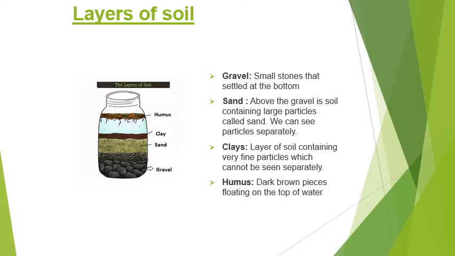That layer is clay. Dark brown pieces float on top of the water. That layer is humus. Thus, these are the layers of soil: at the bottom, gravel, above that sand, clay, and humus.